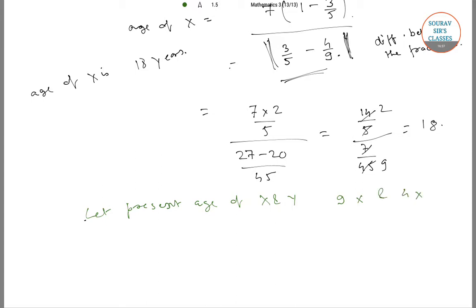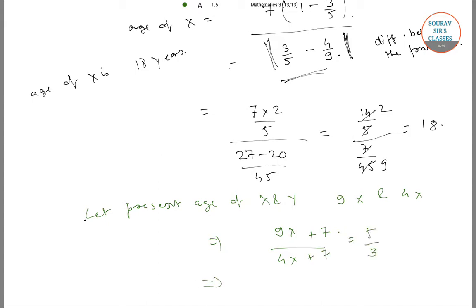Now it is said that 7 years hence the ratio of their age would be 5:3. So this implies (9x plus 7) divided by (4x plus 7) is equals to 5:3.